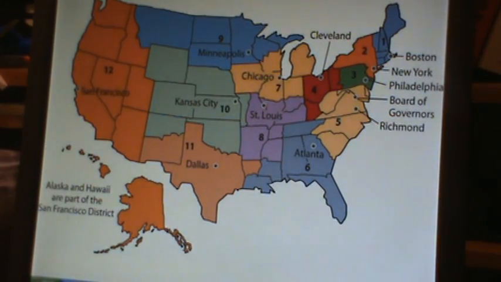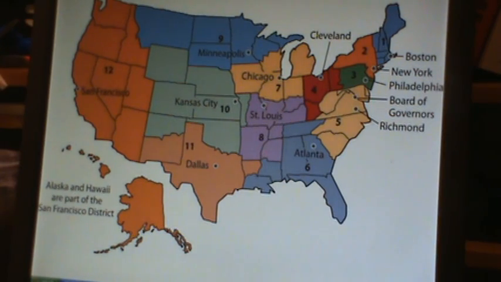Now, if we look, the United States is divided into 12 different regions, still to this day, and those 12 regions each have a Federal Reserve governor, and then the president appoints some people also. So every year in Washington, D.C., the board of the Federal Reserve governors meet, and what they pretty much decide is how many dollars are going to be out there, and what the basic interest rate would be.